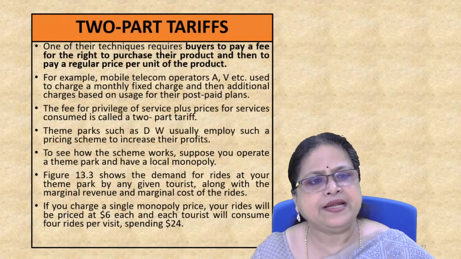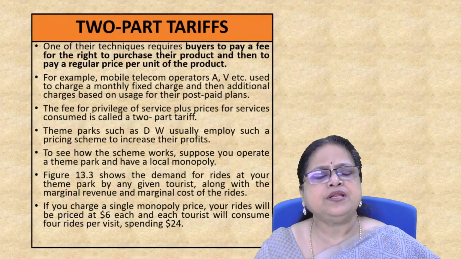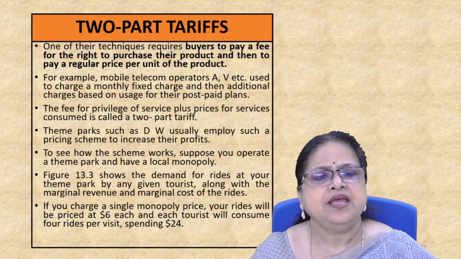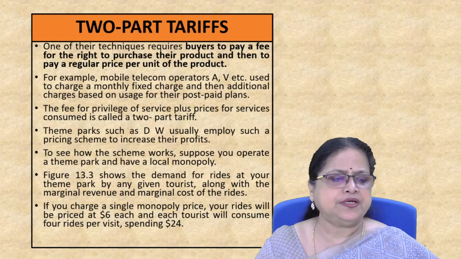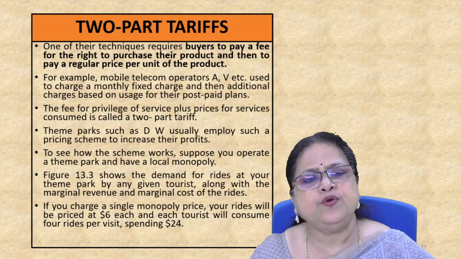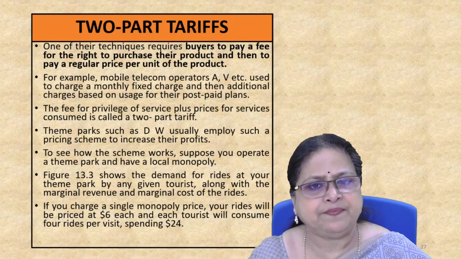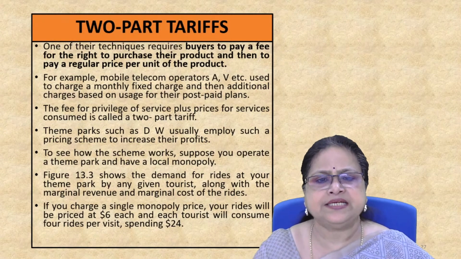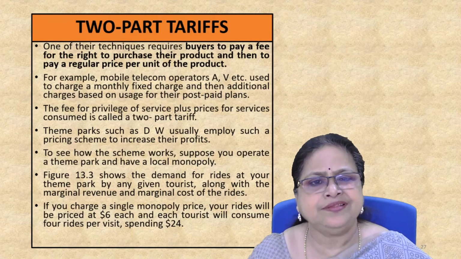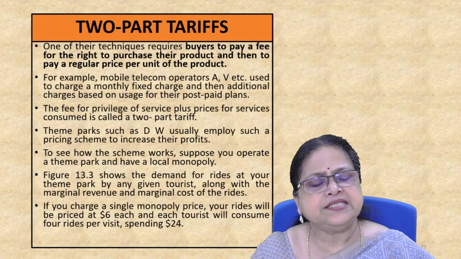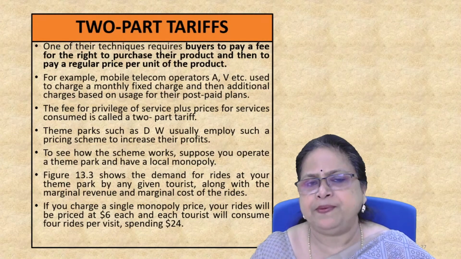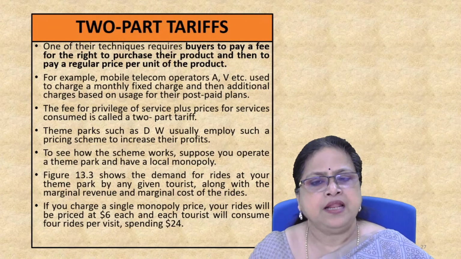Now there are two-part tariffs. A two-part tariff is one of the techniques which requires buyers to pay a fee for the right to purchase the product and then to pay a regular price per unit of that product. For example, mobile telecom operators used to charge a monthly fixed charge and then additional charges based on usage for their postpaid plans, like BSNL, like Jio.